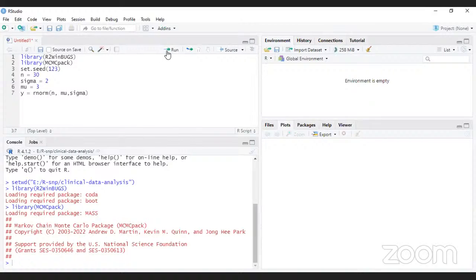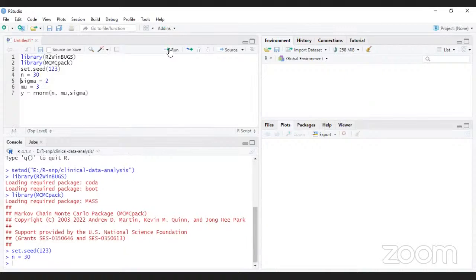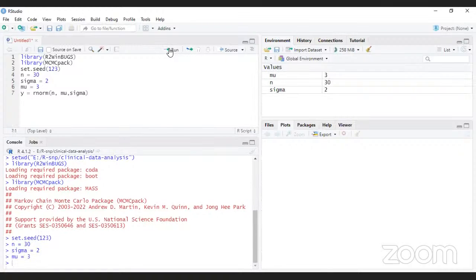So you are setting the seed as 123. Initial values: you are taking n as 30, sigma2 and mu as 3, which you are already assigning for yourself, and you are giving the normalization function.